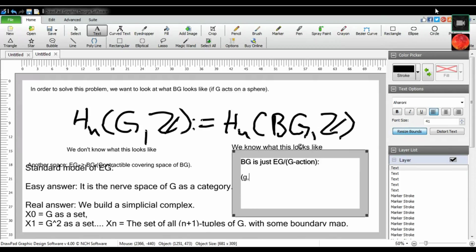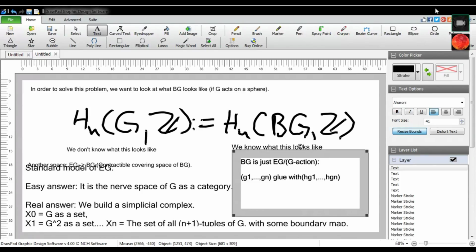If we have a point (G1, ..., Gn), we're going to glue this with (HG1, ..., HGn), where H is any group element. We glue all these possible combinations, and we get BG. I'm not going to prove that this is actually a classifying space, but this is what we get.